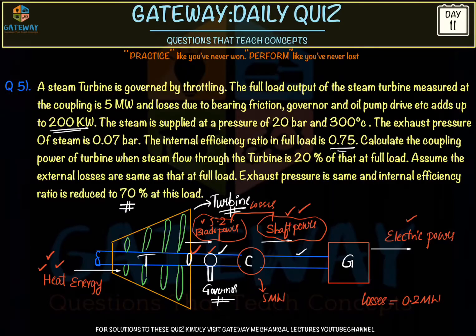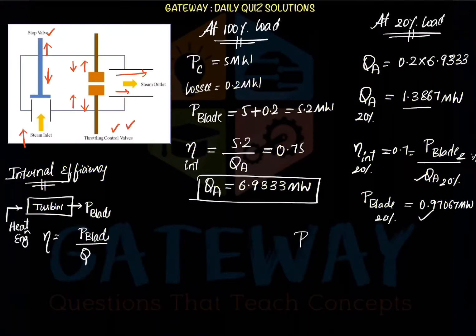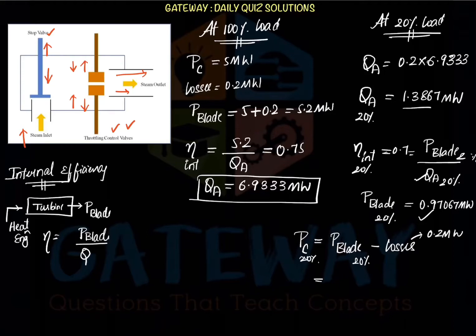In the question we were asked to calculate the coupling power of the turbine at 20% load. So we need to calculate the coupling power. So what is coupling power? The coupling power at 20% load is P at blade at 20% load minus the losses. And in the question it is said external losses remain the same, whatever be the load. And the losses in the question were given as 200 kilowatts, nothing but 0.2 megawatts.